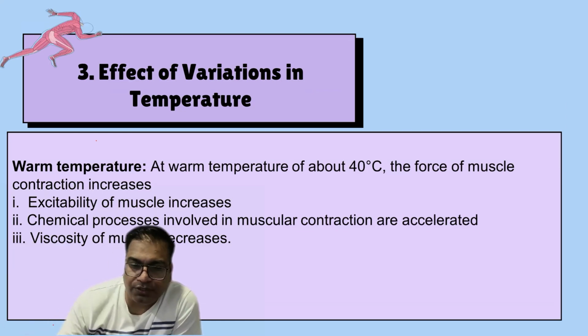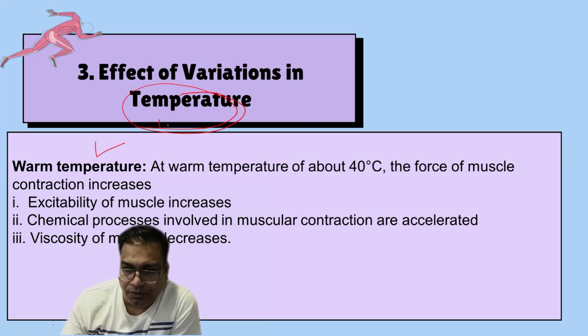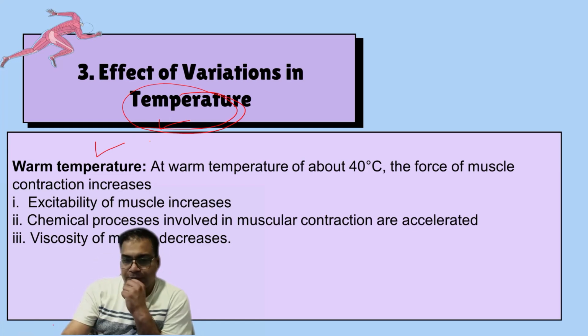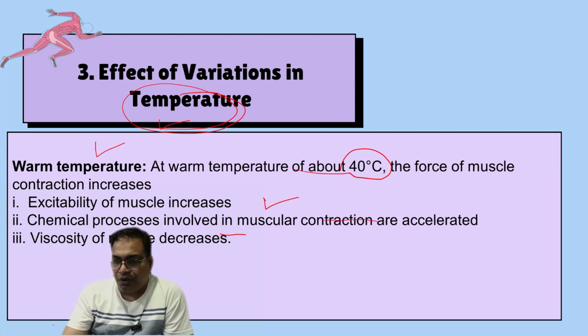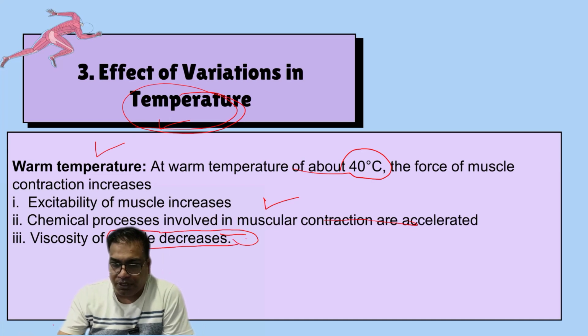Now the various effects of temperature. So what could be the results in case of muscles? In case of warm temperature, around 40 degrees Celsius, the force of muscle contraction increases, because excitability of muscle increases, the chemical processes involved in muscle contraction are accelerated, and viscosity of muscle decreases due to the warm temperature.